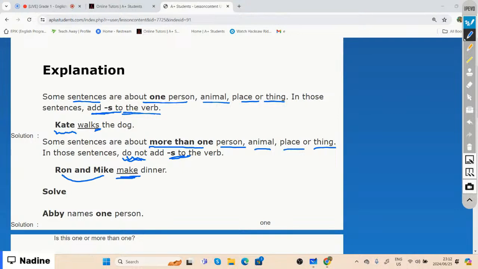We say Ron and Mike make dinner. If Ron were to make dinner alone, if it was only Ron that made dinner, then we can say Ron makes dinner. But since it is Ron and Mike, we say Ron and Mike make dinner.